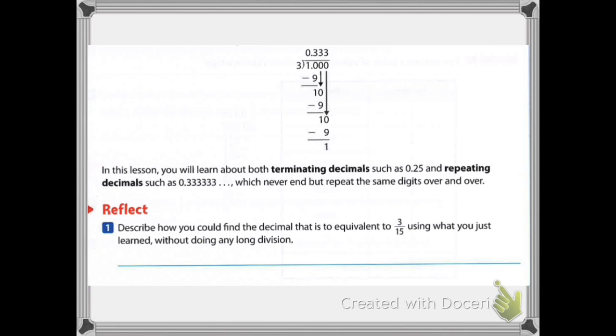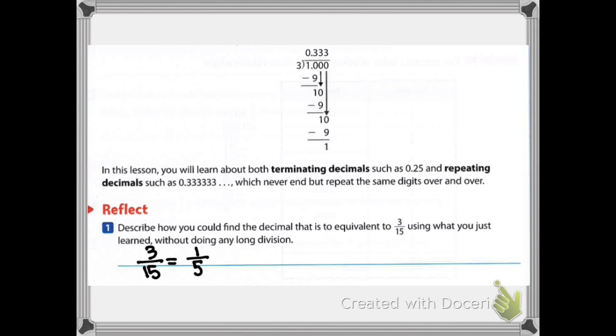Describe how you could find the decimal that is equivalent to 3/15 without using long division. If I look at the fraction 3/15, I notice that it's not simplified. So I'm going to simplify it, because I can divide the numerator and denominator by 3, and I find that it's 1/5.